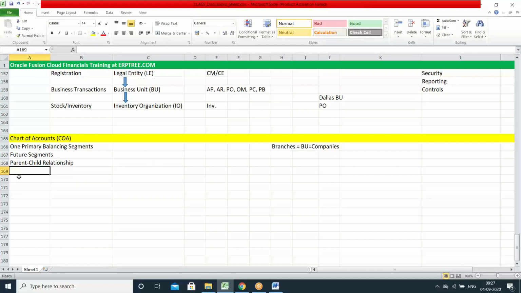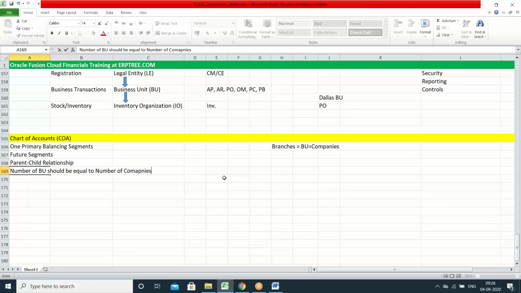That means the number of BUs should be equal to the number of companies you create in your chart of accounts. Business units we finalize based on the branches.